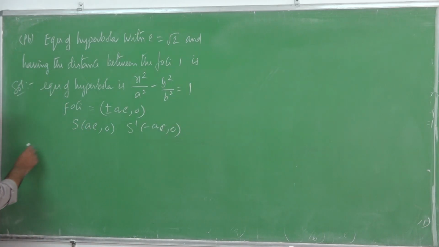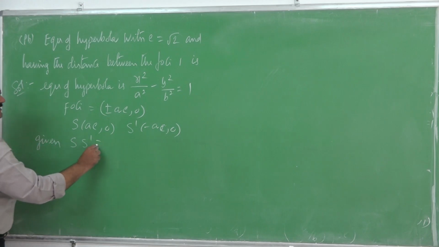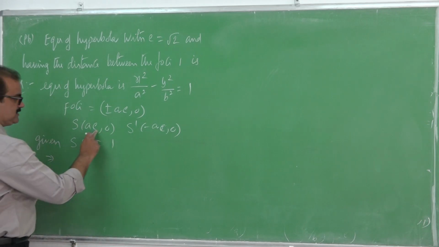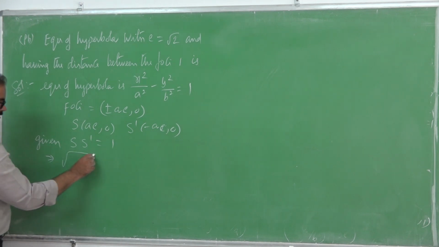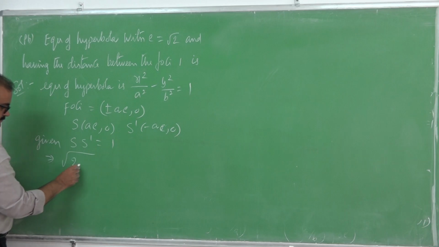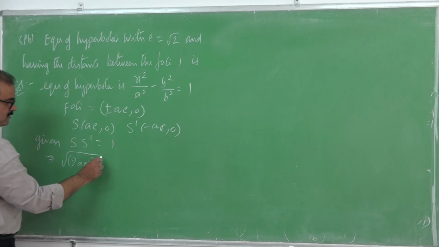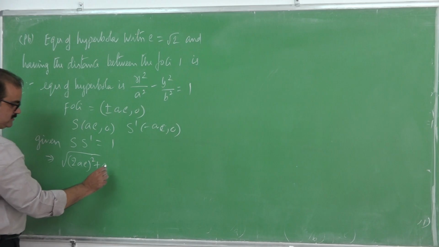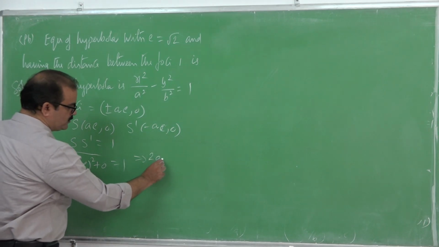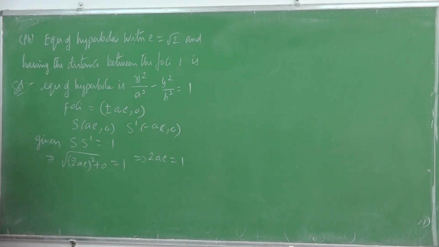A distance between foci, that means distance between S and S dash is equal to 1. See what is the distance between these two points: root of (x1 minus x2) whole square plus (y1 minus y2) whole square, that is (ae plus ae) whole square, that is 2ae whole square, plus 0, is equal to 1. Here the square root is eliminated, so 2ae is equal to 1.